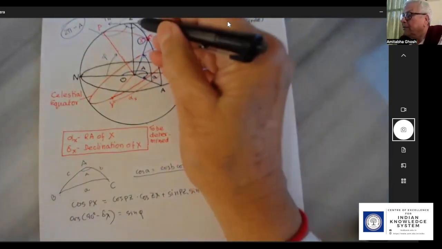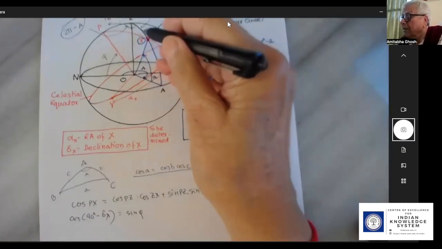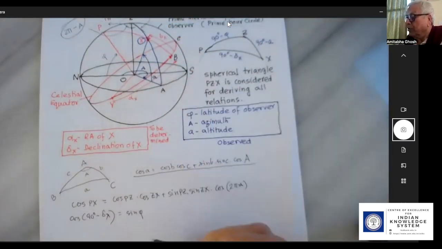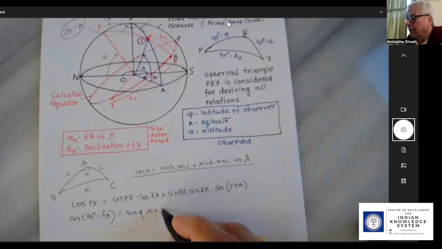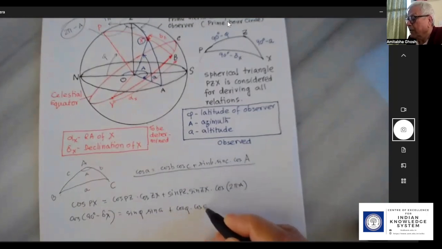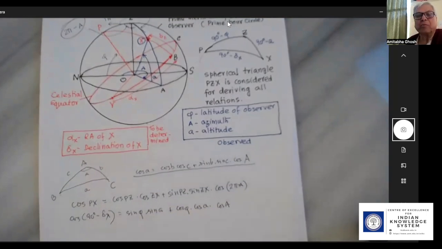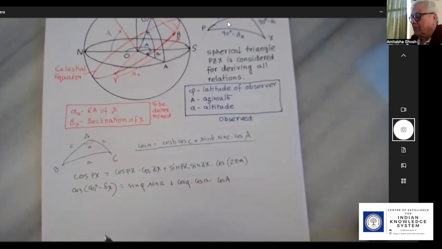Cosine Zx, how much is this? It is 90 degree minus altitude. So it is sine A. Plus, this becomes just opposite, it becomes cosine phi into cosine A into cosine A. Cosine 2 pi minus A is cosine A. That all we know from the basic trigonometry. So therefore it becomes sine delta x. So therefore what we can get? We get delta x from this equation.